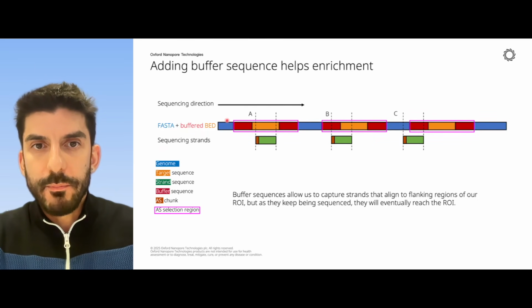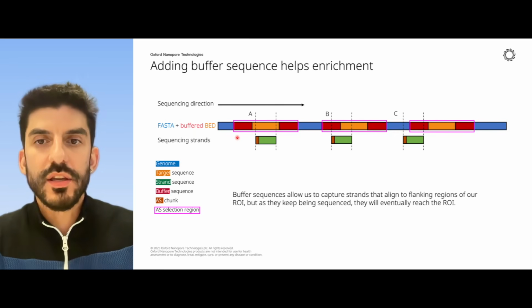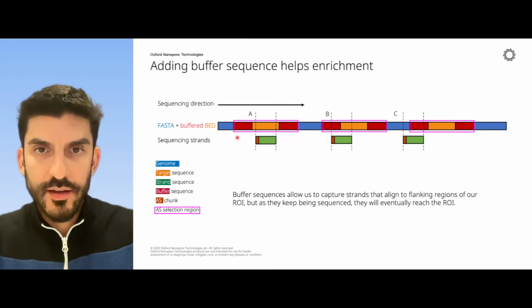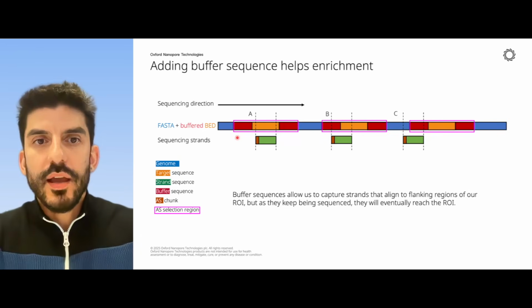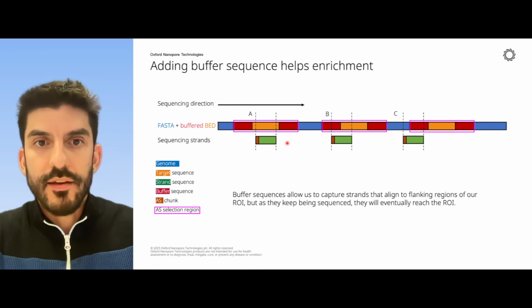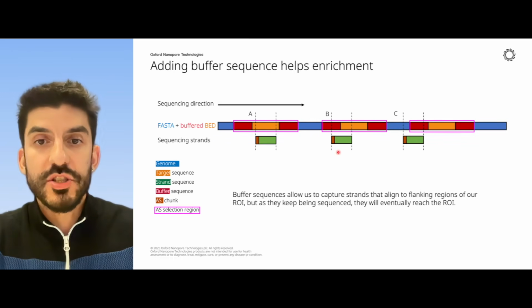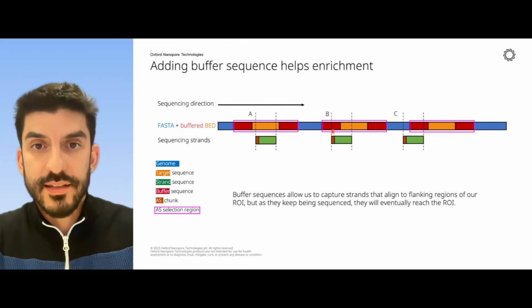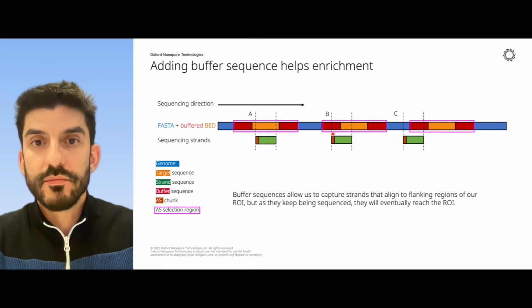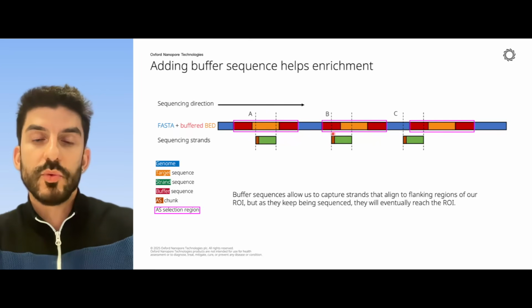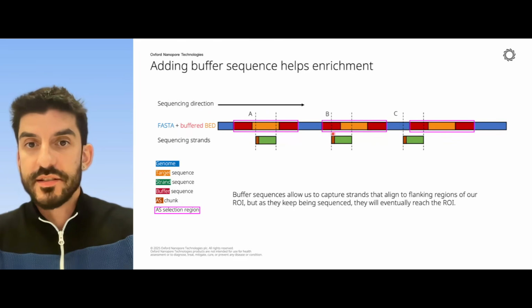And in the pink square you can see the total target that we are practically targeting with adaptive sampling. What this does is that if an initial chunk of the read falls within this region, instead of getting rejected as before, it gets accepted, because Minnow makes no distinction between what we set as a buffer or as a target.